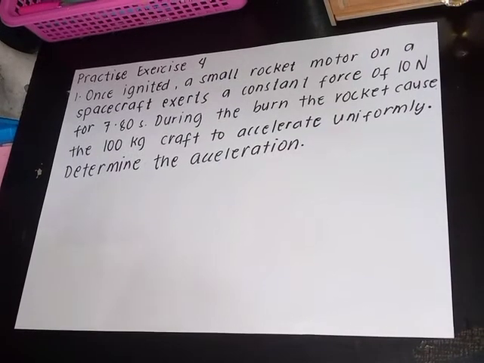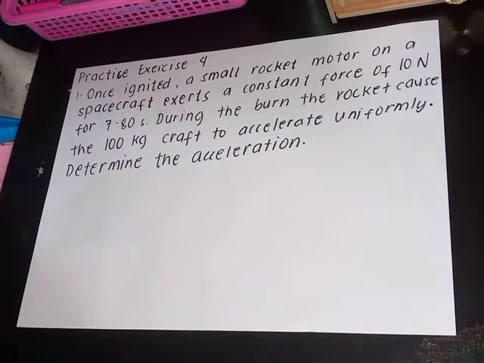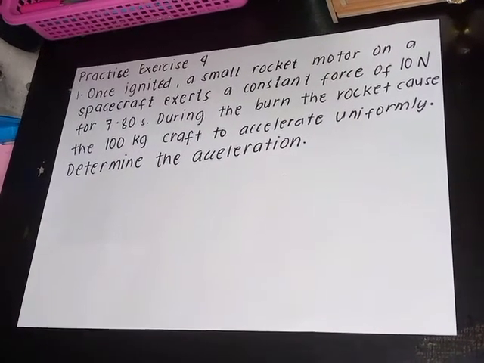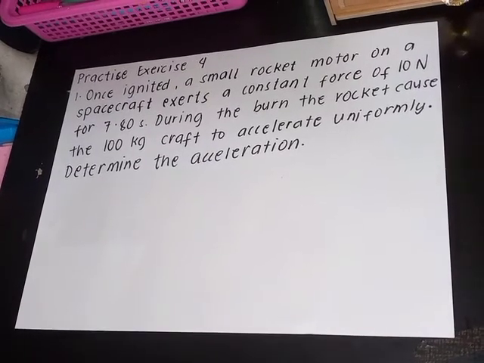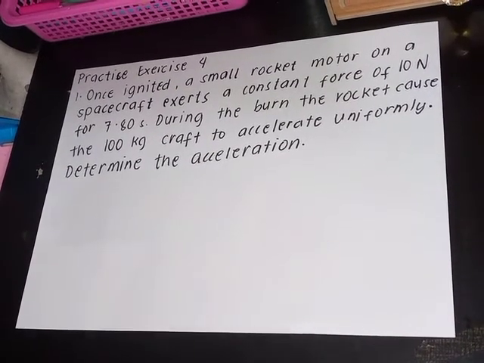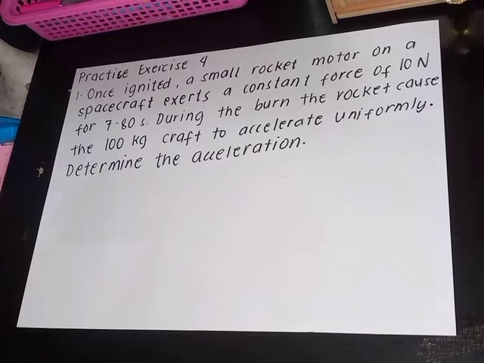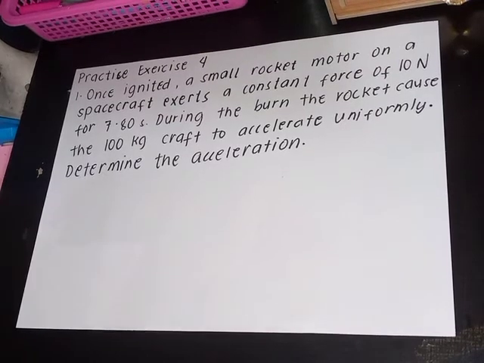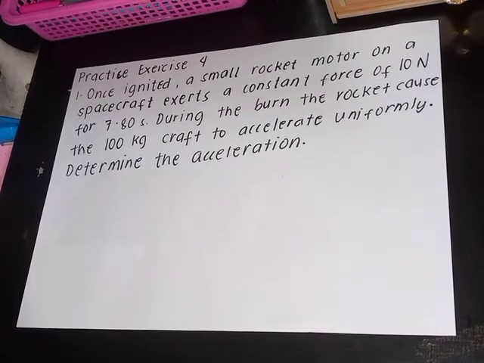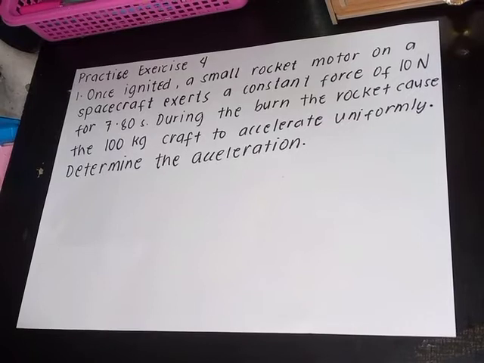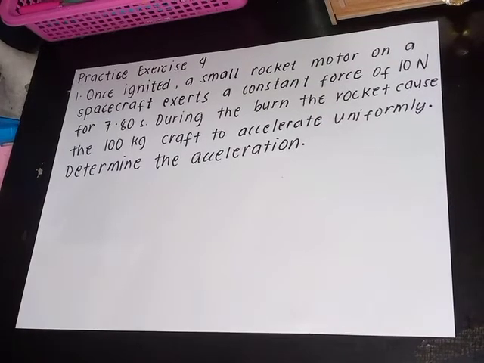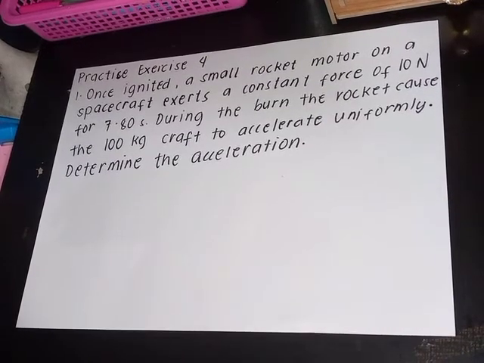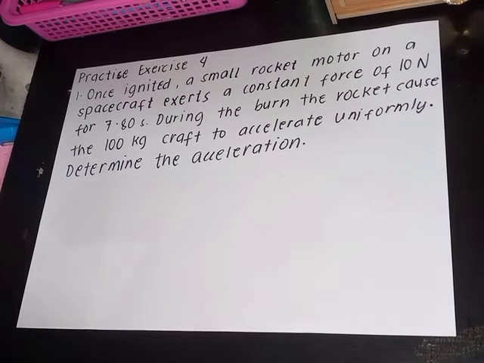For practice exercise 4, I choose the problem number 1. And problem number 1, once ignited, a small rocket motor on a spacecraft exerts a constant force of 10 Newton for 7.80 seconds. During the burn, the rocket caused the 100 kilogram craft to accelerate uniformly. Determine the acceleration.